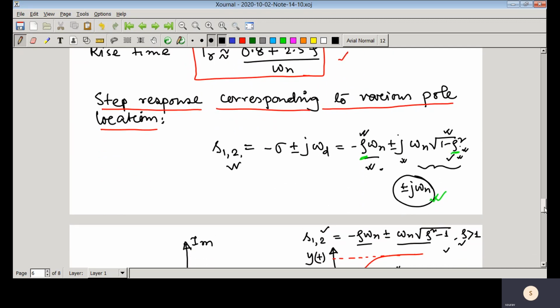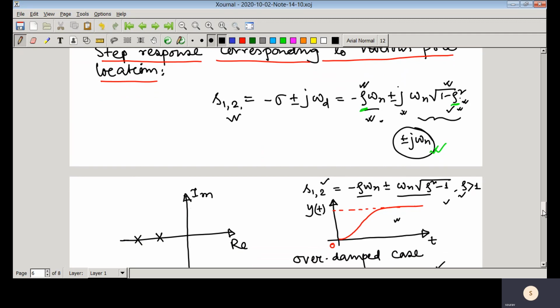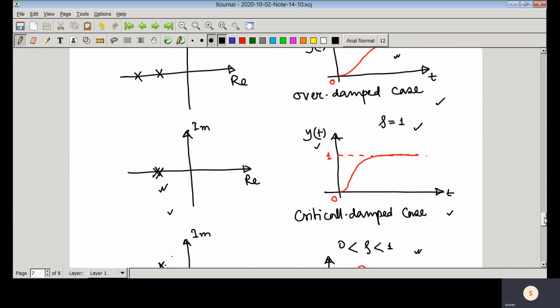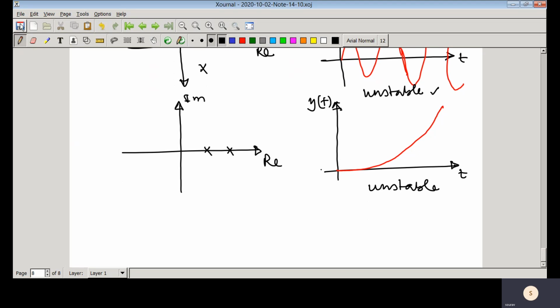And then we have seen those 4 different cases along with the unstable cases corresponding to the location of the poles of a second order system. So in the next lecture we will be discussing how the response changes whenever we add a pole and add a zero to a normalized second order transfer function. Thank you.